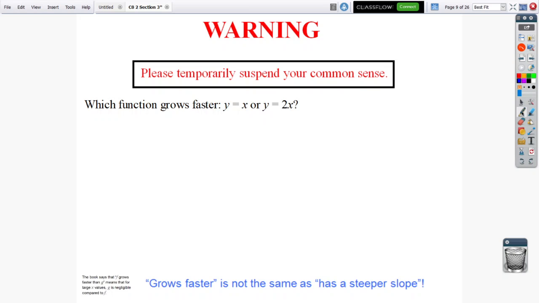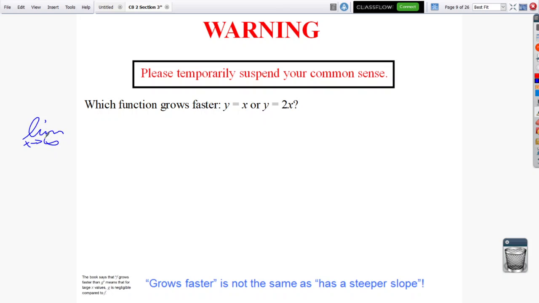The way that we have to do this in terms of calculus, we take the limit as x approaches infinity, and you just put one of them on top. It doesn't matter which one goes on top. Eeny, meeny, miny, mo. This one, we're going to put 2x on the top. So we have 2x divided by x. Now we evaluate that limit. We can tell that this limit does satisfy L'Hopital's rule.